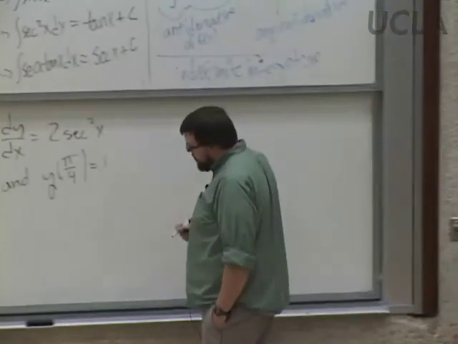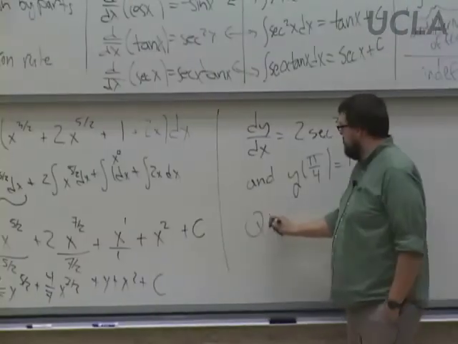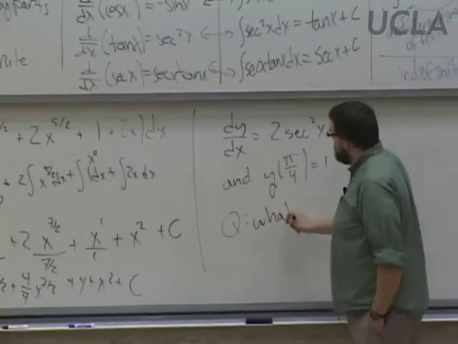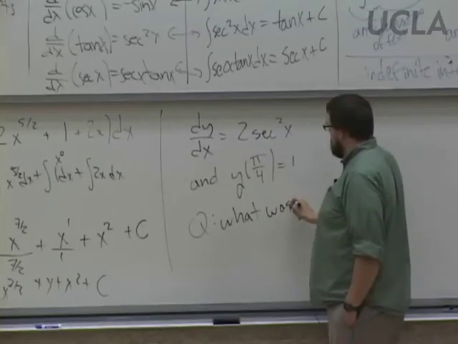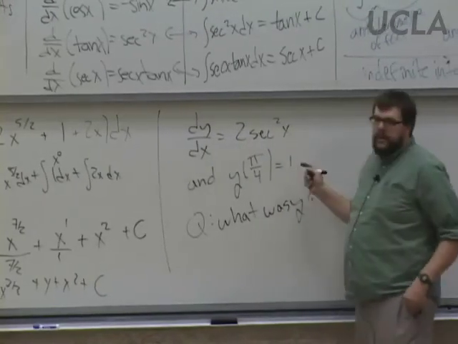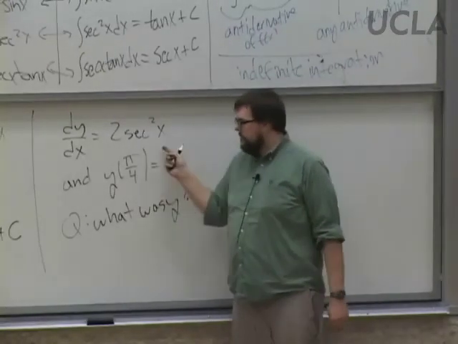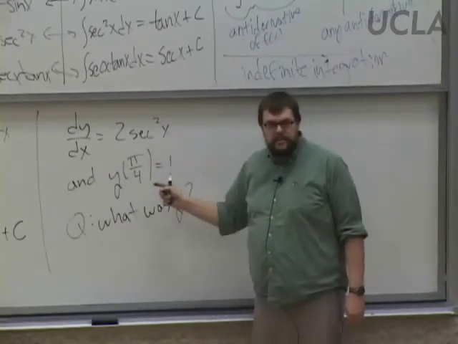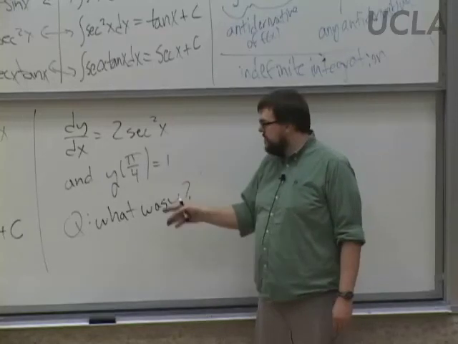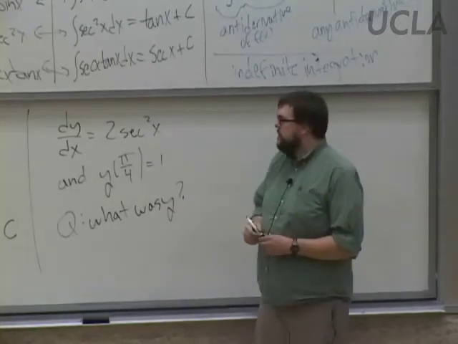And I want to ask you the question, here's my question, what was y? What function y gave me these two facts? And it turns out that if I know what the derivative is, and I know what the function is at a single point, that's enough for me to answer this question.